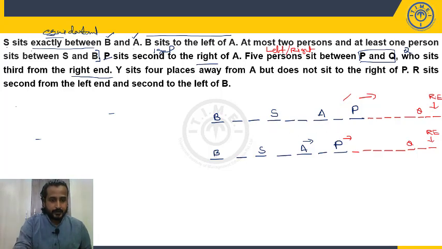Okay, now let's see what is given. Y is 4 places away from A. 4 places away, but have they mentioned left side or right side? No, it is not mentioned.